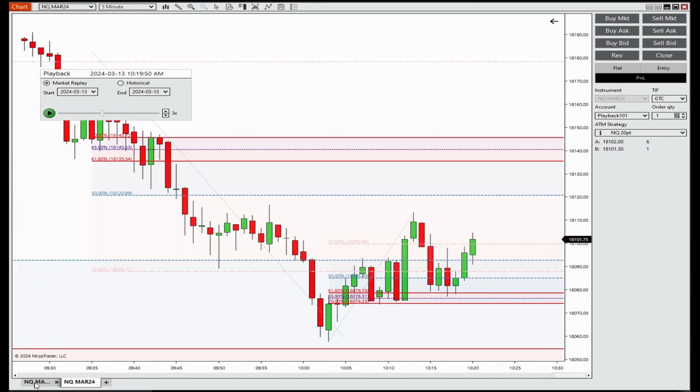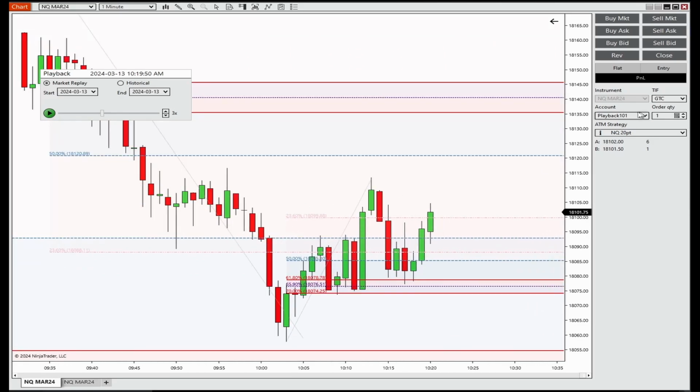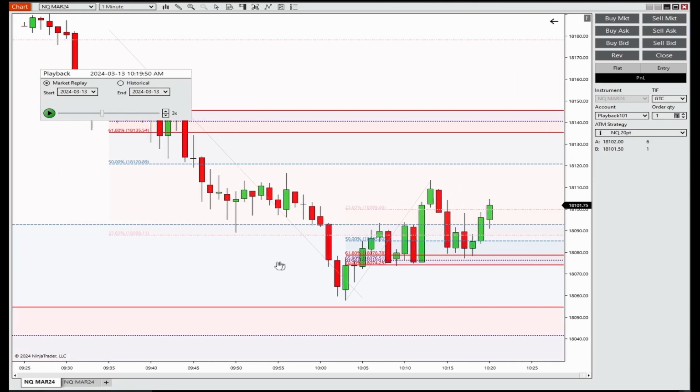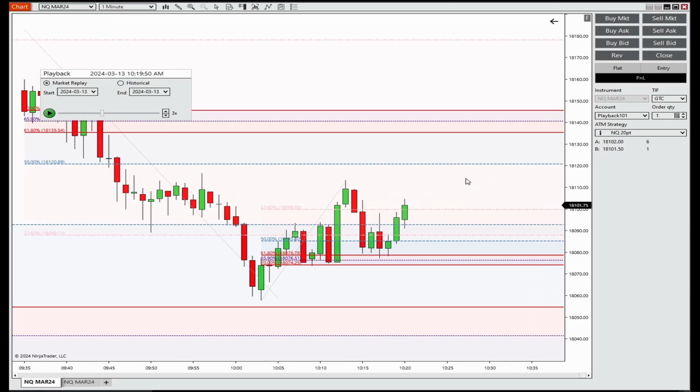Okay, there's your 5-minute, and there's the 1-minute. So if we drew our 5-minute zone, it does line up quite nicely with this. So we'll actually leave that on there. And what are we starting to get?